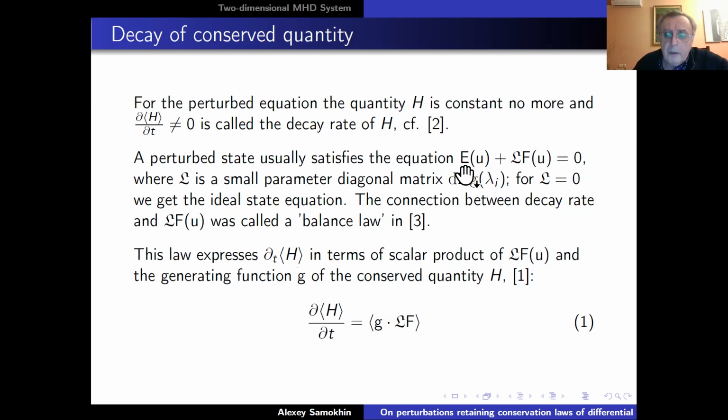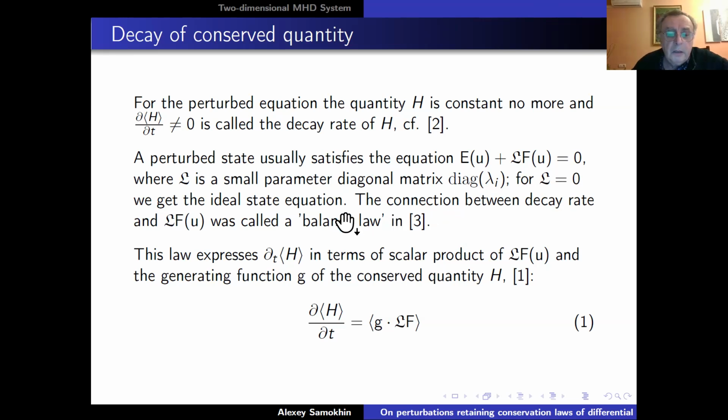If we look at a perturbation with some additional term, such as the KdVB equation, then for a system, the additional term we assume to be of a rather simple form. It is an additional term in every equation, and if the diagonal matrix is 0, then we get the initial equation.